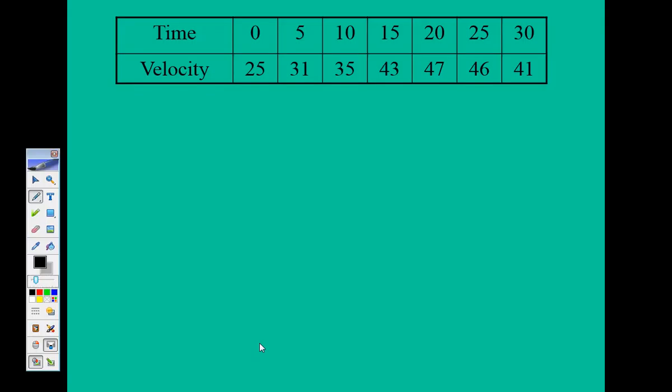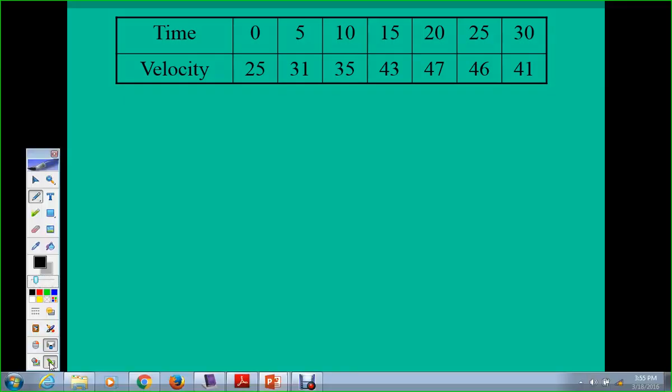Now, let's think about how we would find the area under the curve graphically, and then we'll look at finding it numerically. So if we drew a velocity versus time graph, we know the velocity is in feet per second, time is in seconds.